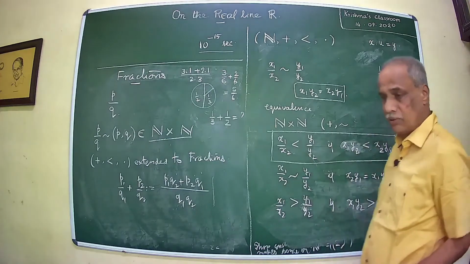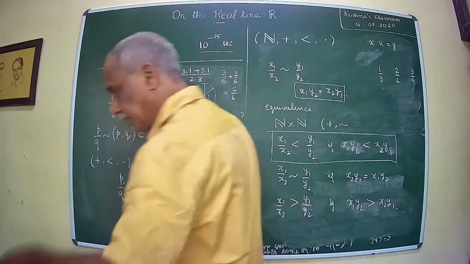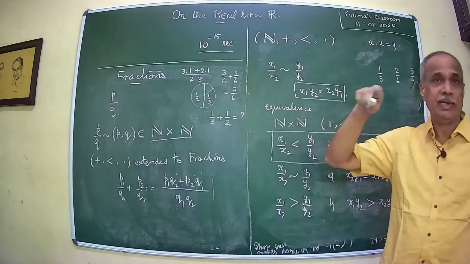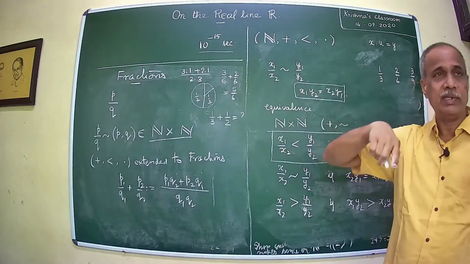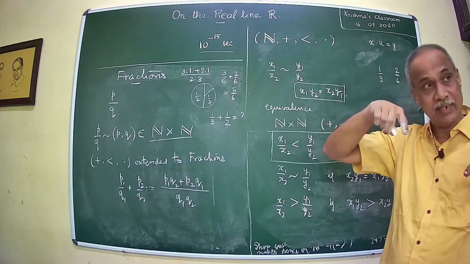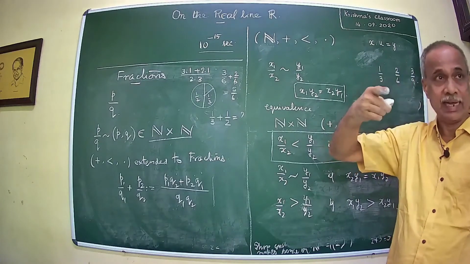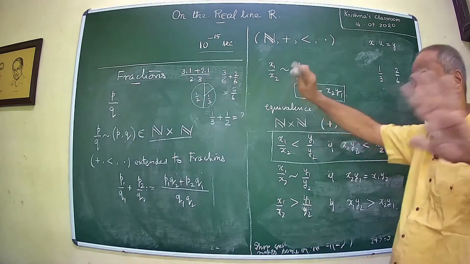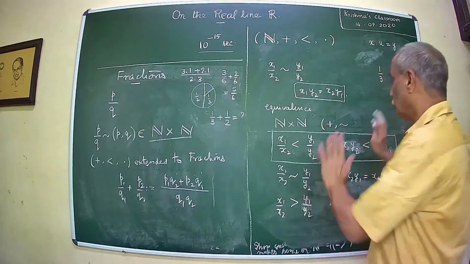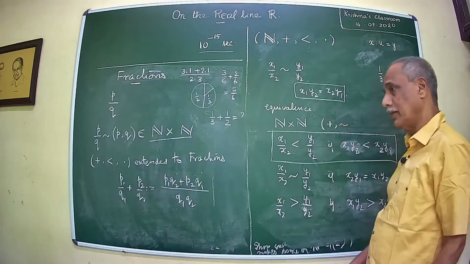Now see, we are using our addition, multiplication and less than or greater than or equal to that we have defined on N to go to N cross N and define the structure.